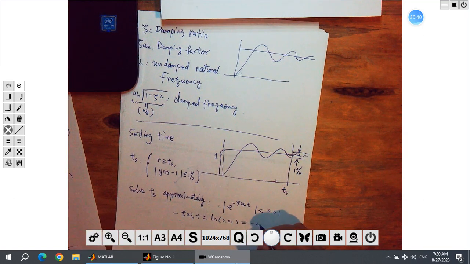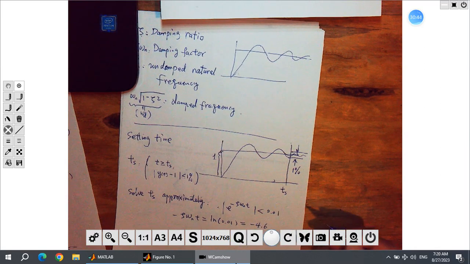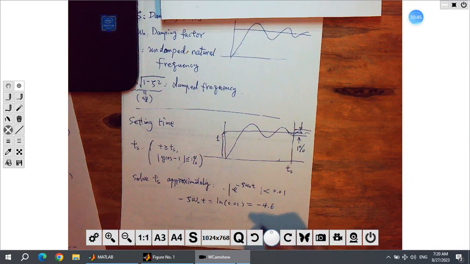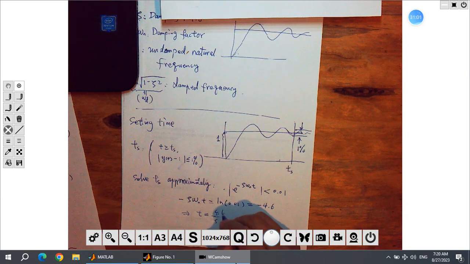Like this. Then we have t equal to 4.6 over zeta times omega n, approximately. I put the dot to mean approximate. So we have a settling time.